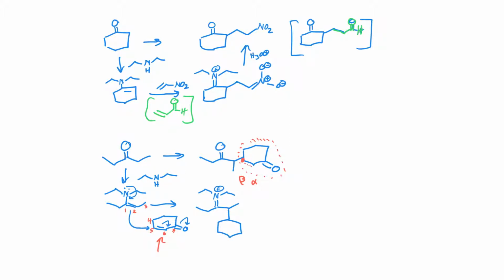Really doesn't matter how I draw this as long as I keep track of all my carbons. So let's go ahead and number them again. 1, 2, 3, and 5, 6, 7. This one's 4, although we found that 4 is really not necessary, or at least the numbering is not necessary. I'm going to have a new pi bond between 6 and 7, and my oxygen is attached to 7. It is now a negative.